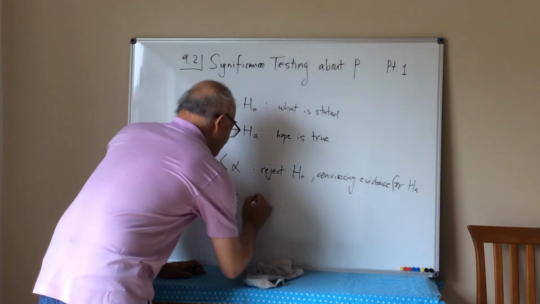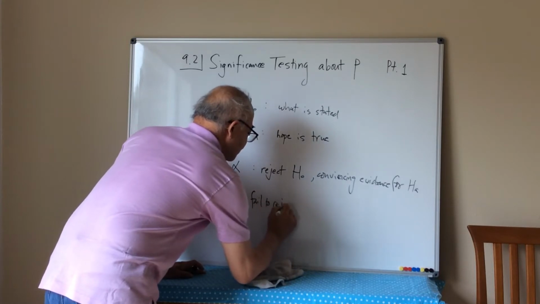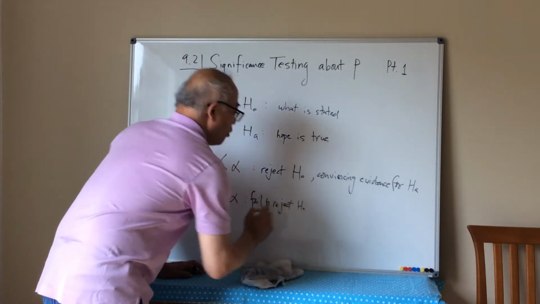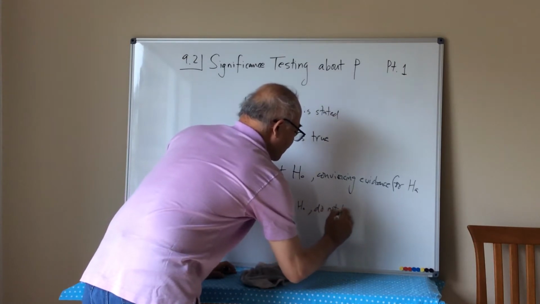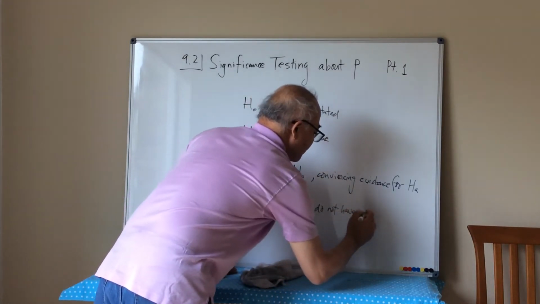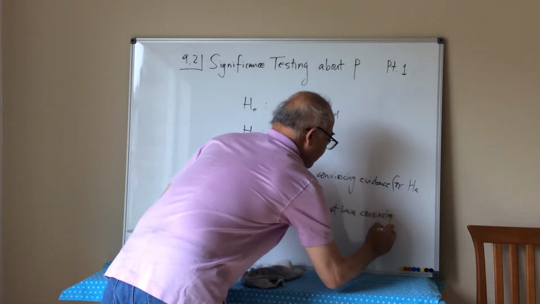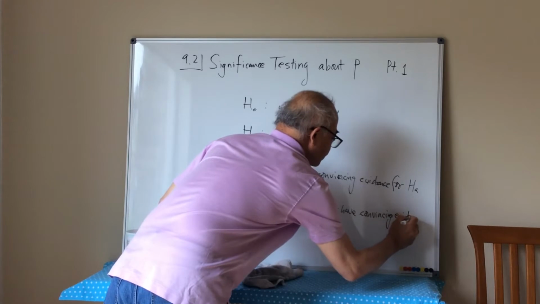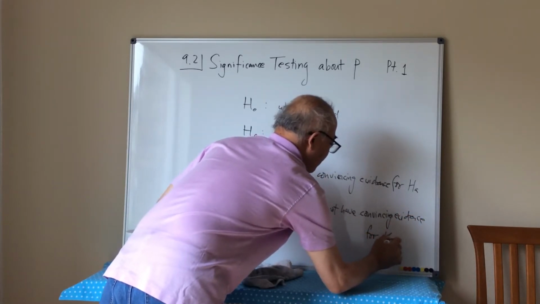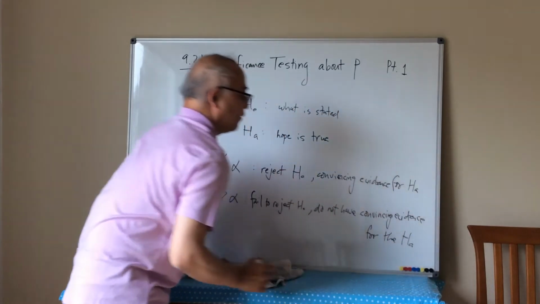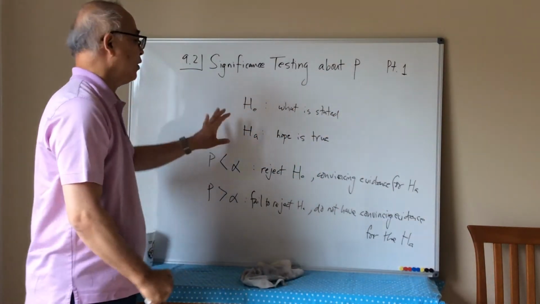We fail to reject the Ho, and we do not have convincing evidence for the Ha. Okay? So in a nutshell, which is kind of what we learned in 9.1, right?